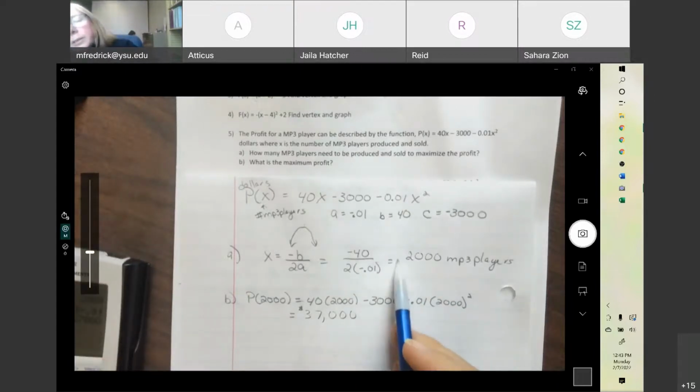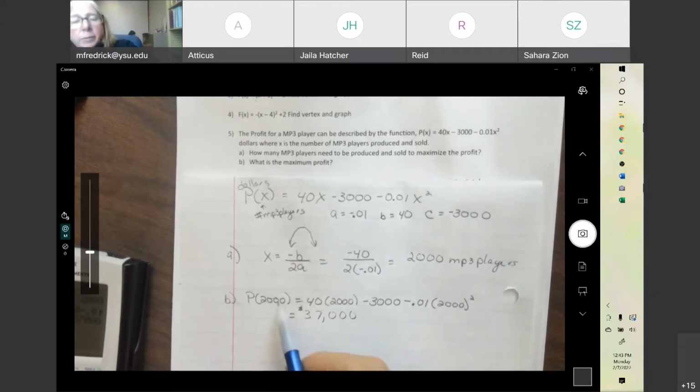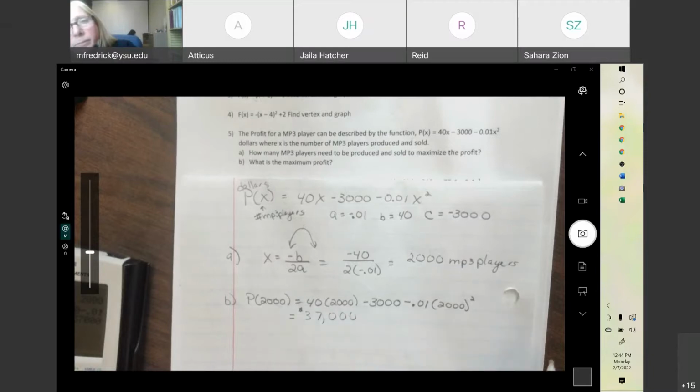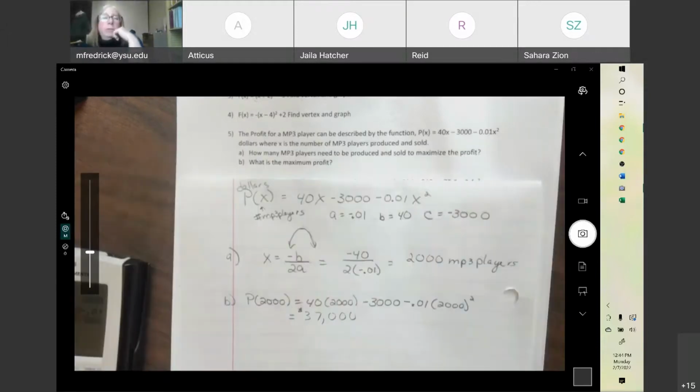So producing and selling 2,000 MP3 players will give a maximum profit of 37,000. If you plug 2001 in, it's going to be lower. So this is the maximum, because our parabola, after the vertex, starts going down again. Any questions on that one?